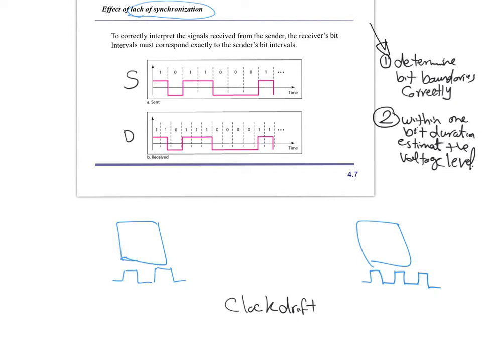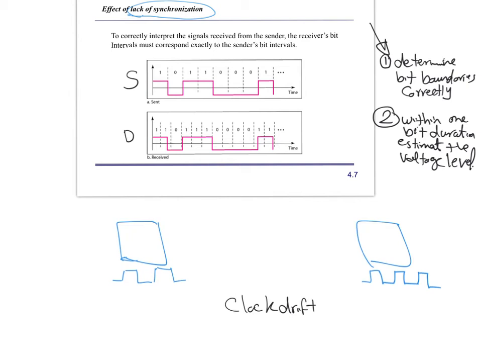For the first objective here, you have the challenge of clock drift. So instead of being able to detect the bit durations correctly, the receiver or the destination, unfortunately, has a clock that's a little bit faster, just a little bit faster.